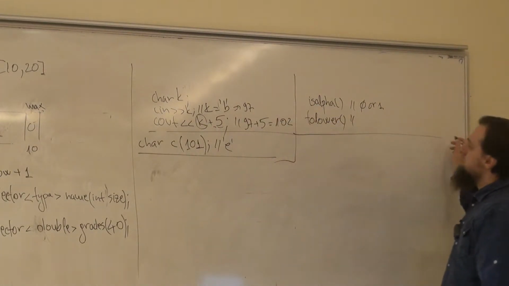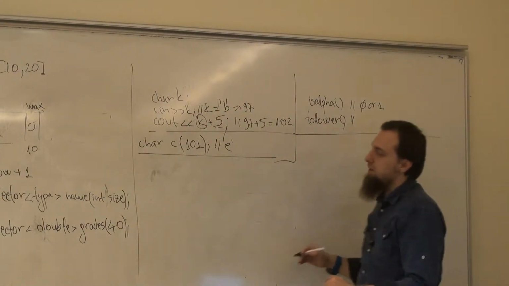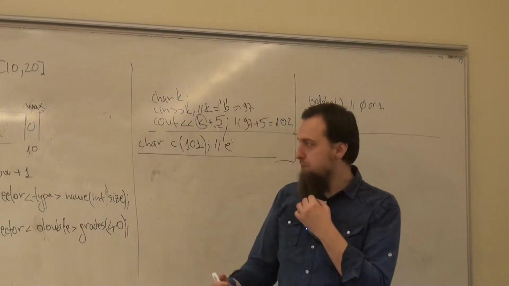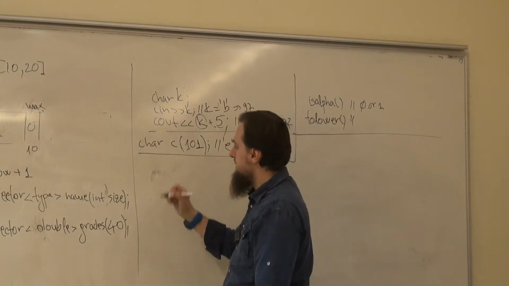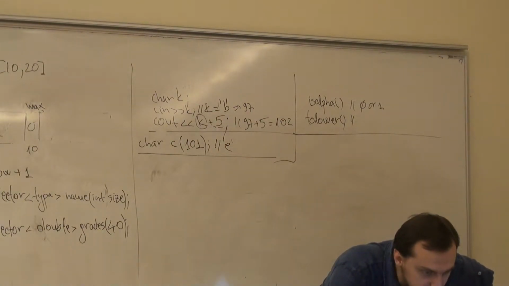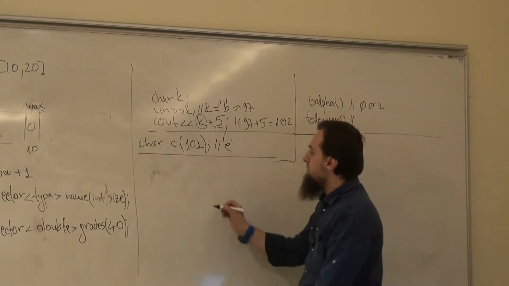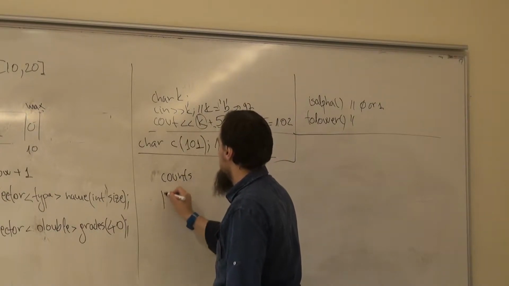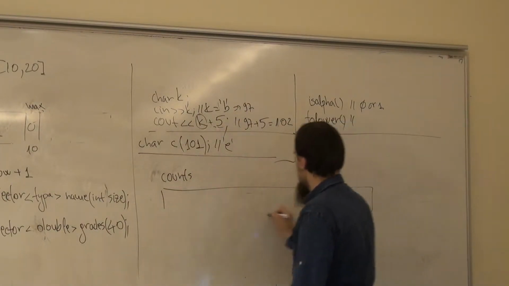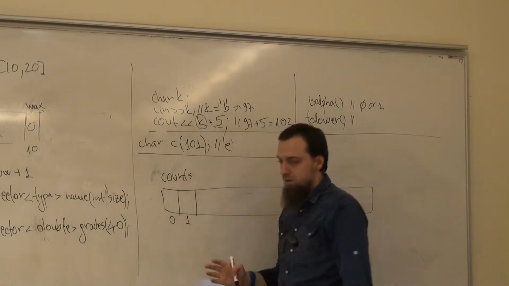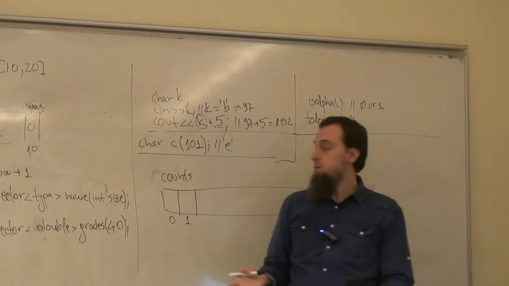So this will be enough for understanding the program that we are going to write. So basically, the algorithm is the following. The general idea of what we are going to do is the following. I'll have a vector called count, and I count here the appearances of letters of the English alphabet.